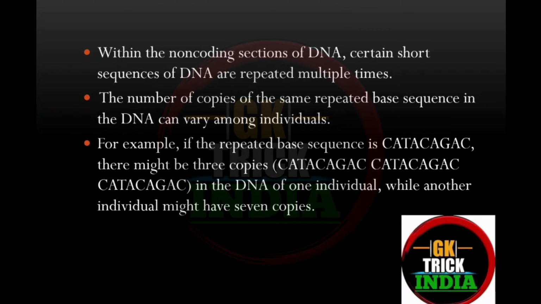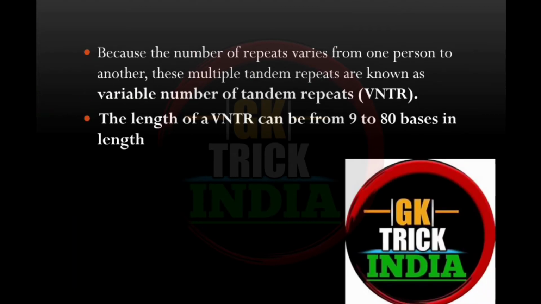The length of the variable number of tandem repeats can vary from 80 to 90 bases. Because the number of repeats varies from person to person, these multiple tandem repeats are known as the variable number of tandem repeats.